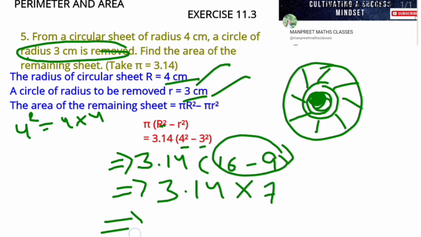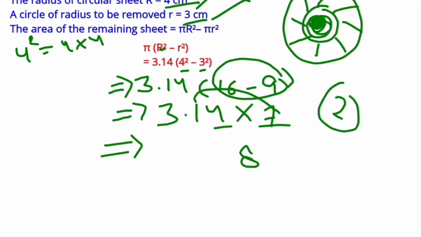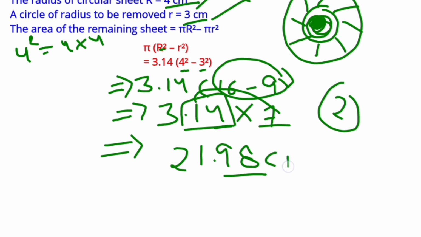Now we'll multiply it. 7 4s are 28, 2 carry, 7 1s are 7 plus 2 is 9, 7 3s are 21. Now how many numbers are there after the decimal on the right hand side? 2. So we'll put the decimal after 2 numbers. So 21.98 centimeter square is the area of the remaining sheet.